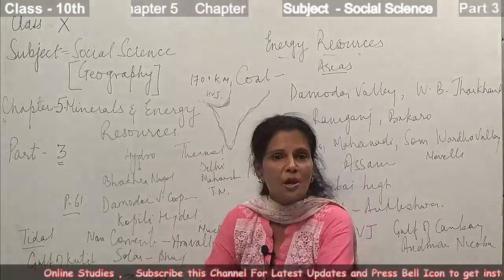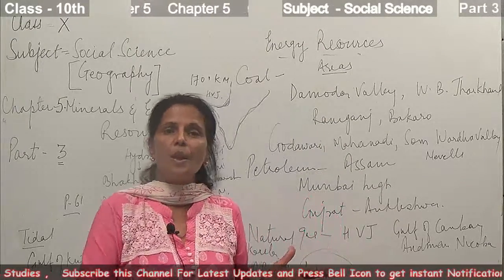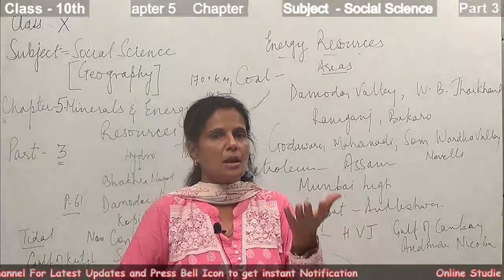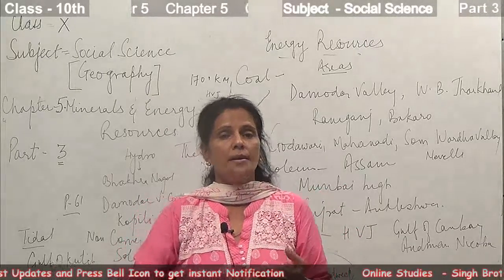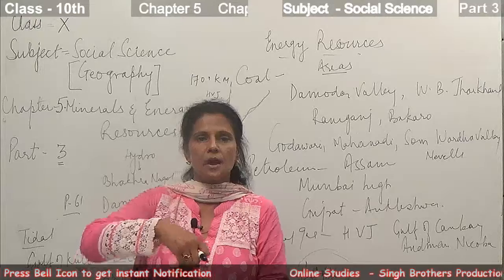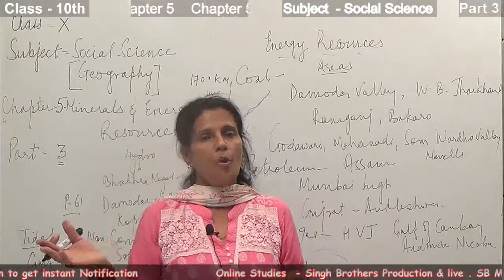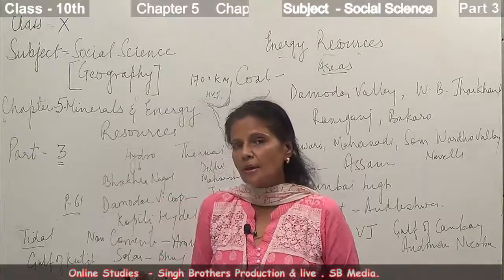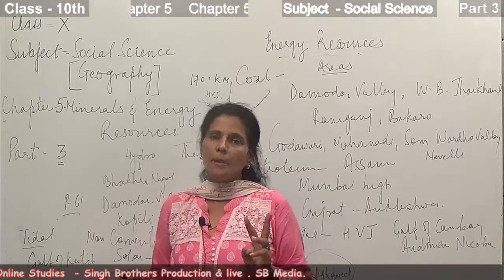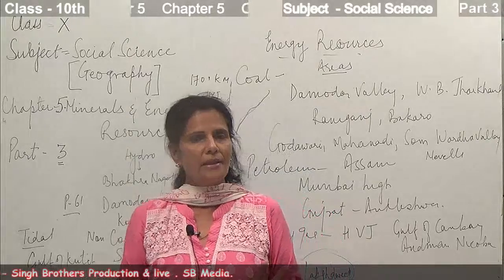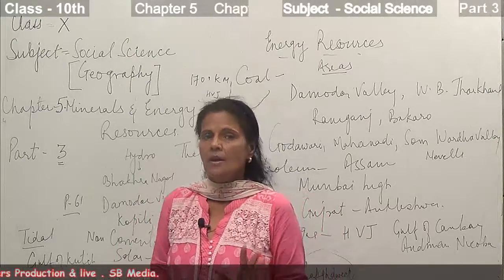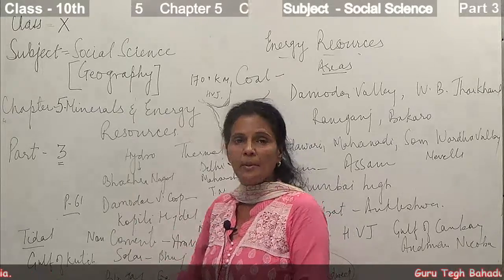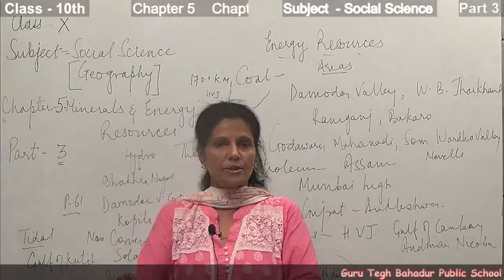Then we come to geothermal energy. Earth's interior is very hot, and in some places it is so hot that its temperature is absorbed by the underground water, and the underground water becomes so hot that it comes out in the form of steam, and steam contains energy. So there are two experimental projects, Manikaran in Himachal and Puga Valley in Ladakh, where these experimental projects of geothermal energy have been set up.